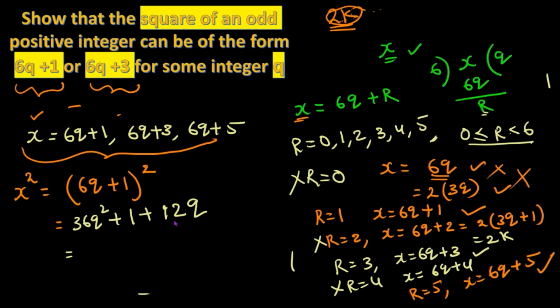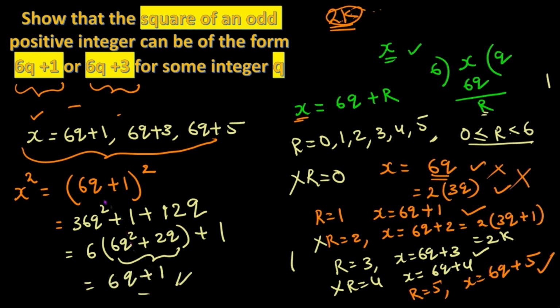If you take 6 common here, this can be written as 6(6q square plus 2q) plus 1. If you write this entire term as another q, like q1, this is in the form of 6q plus 1. So the square of the first term can be expressed like 6q plus 1.